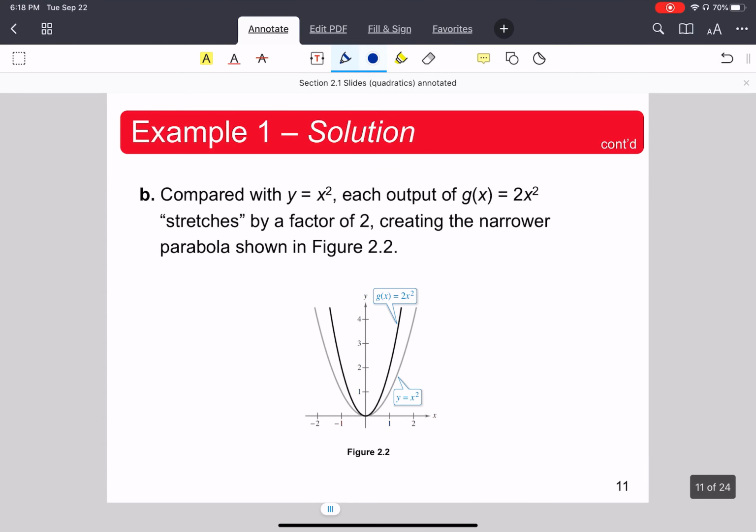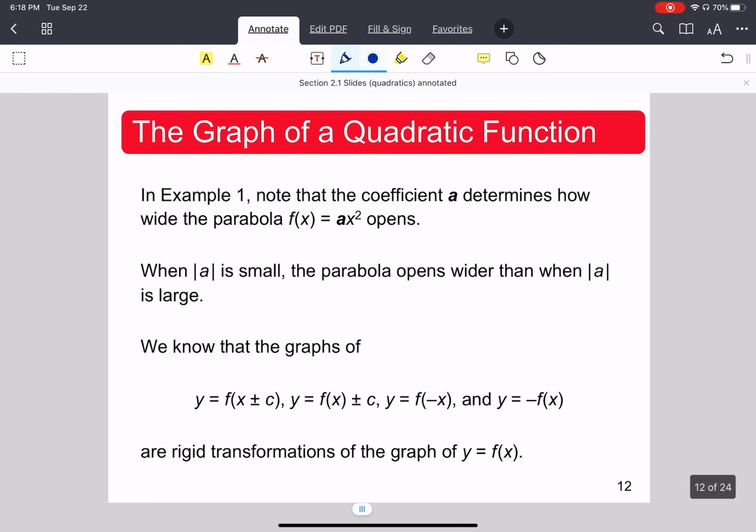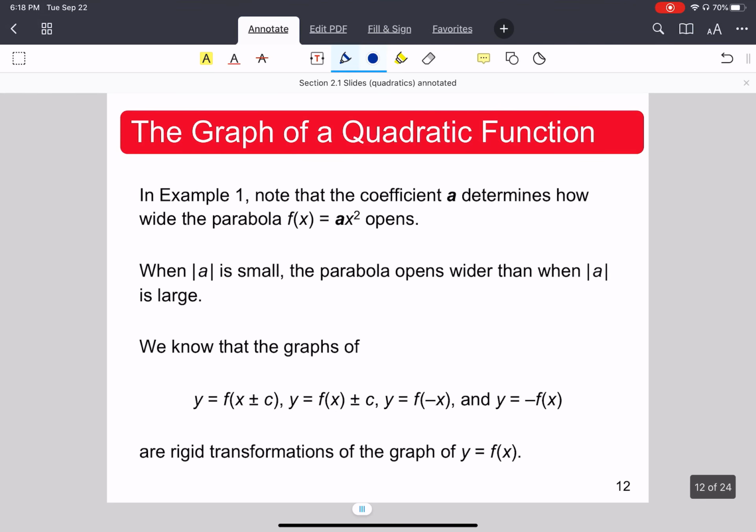The second case, where we have 2x squared, is going to stretch by a factor of 2 because it's multiplied by 2. So g of x equals 2x squared is going to look something like this because it's been multiplied by 2. It's going to have a vertical stretch. All right.